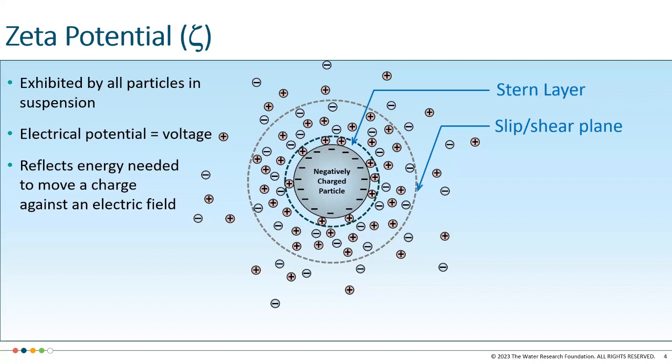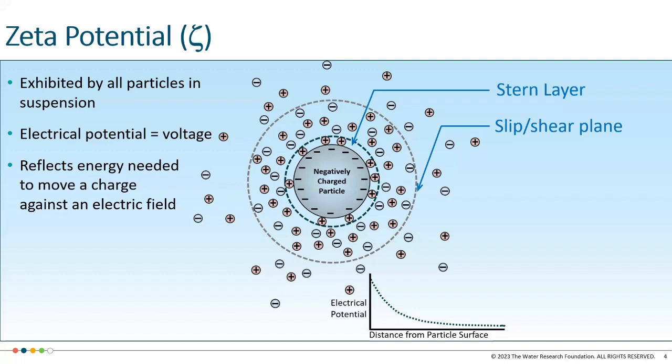So as seen here in this bottom right side of this image, potential will change as we move away from the particle surface. So here we have electrical potential as a function of distance from particle surface, and we can see that it's decreasing.